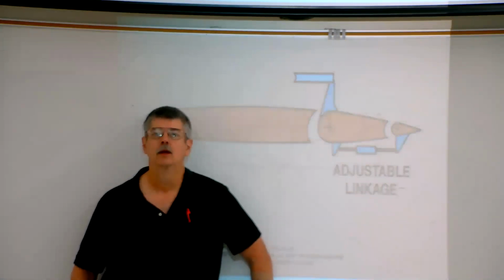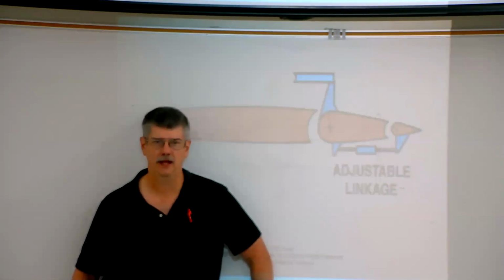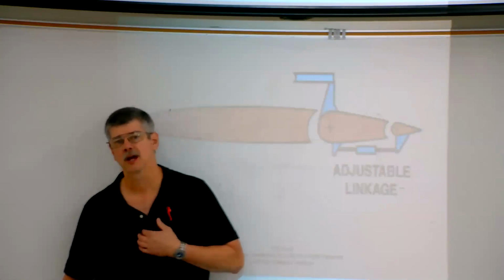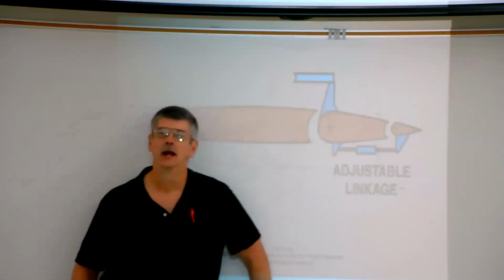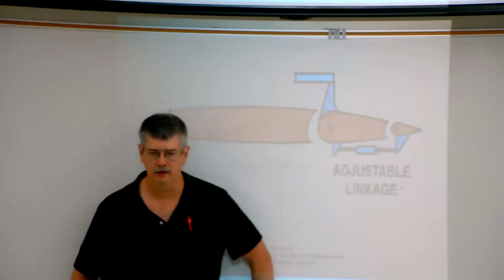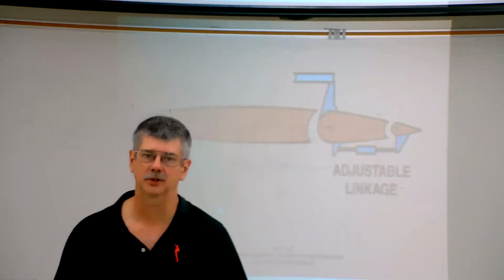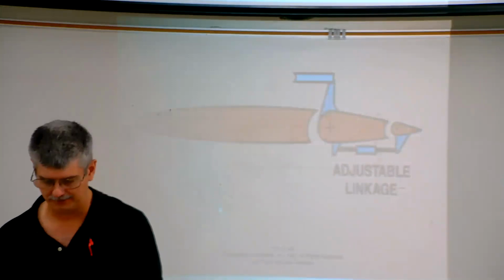The exception moves in the same direction as the control, and this is known as an anti-servo tab. Anti-servo tabs are usually found on what's known as a horizontal stabilator. That is the horizontal stabilizer and the elevator joined as one, known as a stabilator. And with that, they use what's called an anti-servo tab.